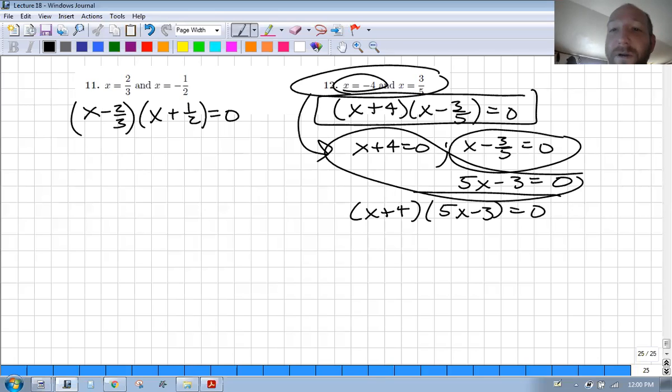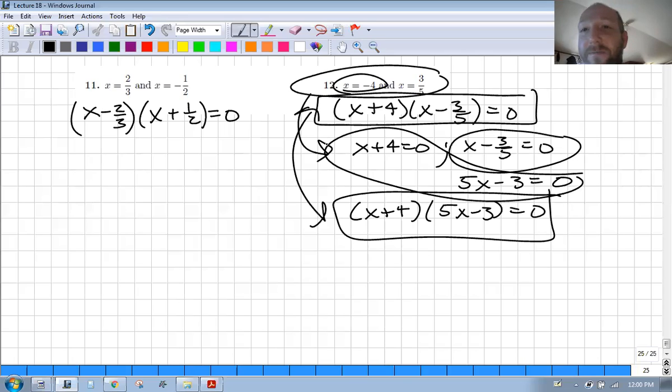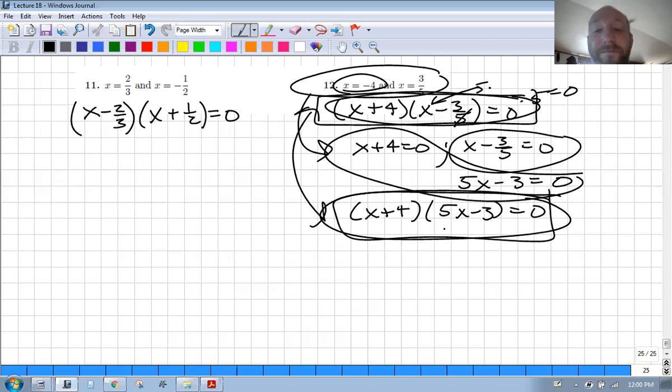Comparing these, they have the exact same solutions. They're the same equation; it's just if I multiplied everything by 5, 5 times 0 is still 0. So it depends. If you want to have fractions in there, it's fine. If you don't want fractions, you end up with this. But they are the same equation, just off by a factor of 5.